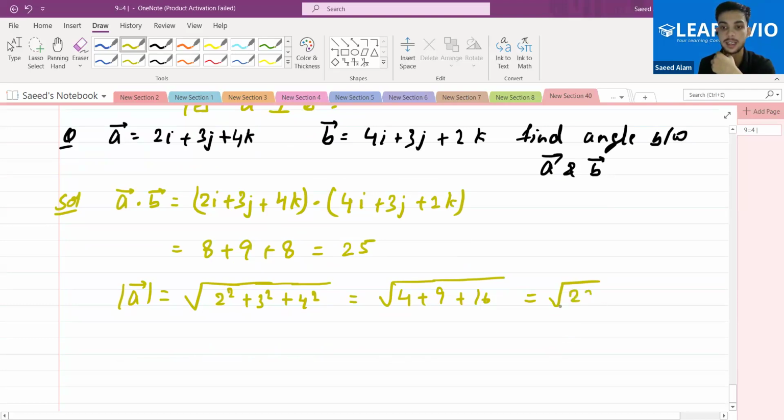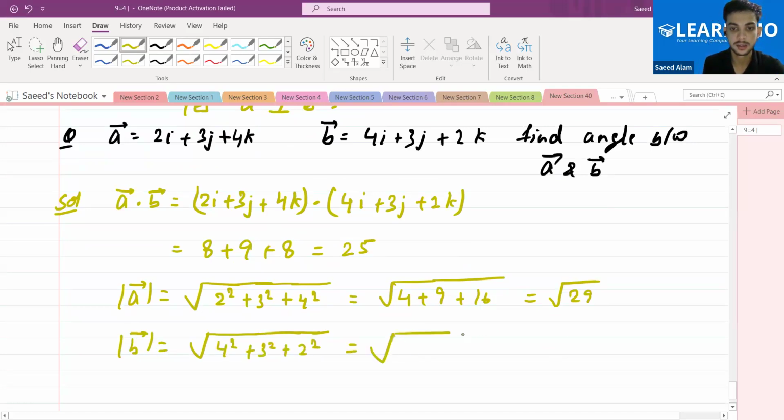That is 29. Okay, and what is the magnitude of B actually? 4 square plus 3 square plus 2 square. 29 again. That is again 29.